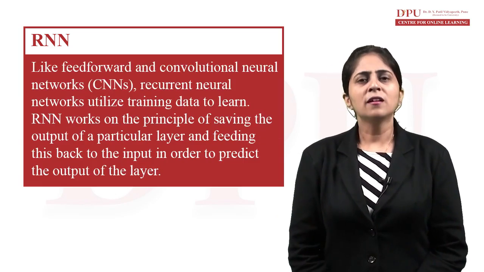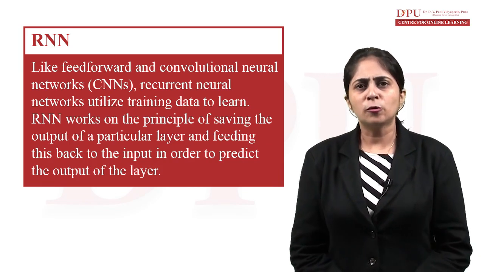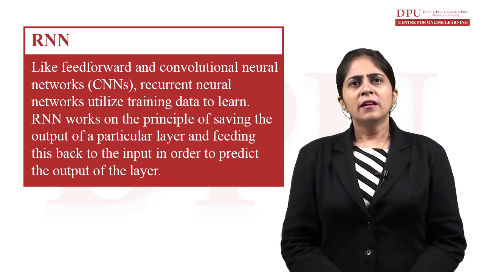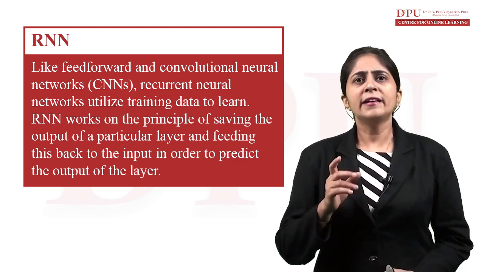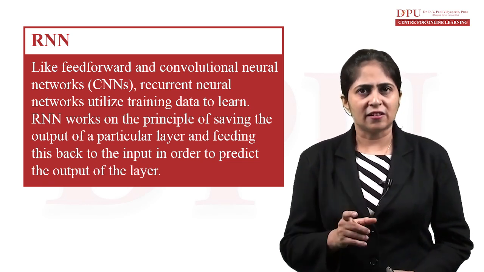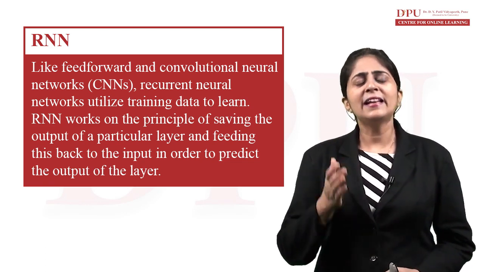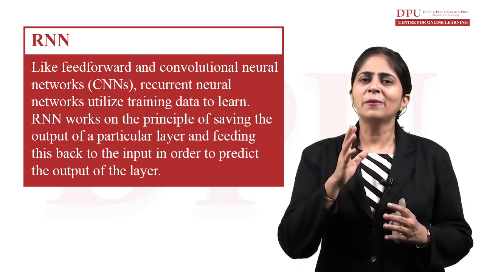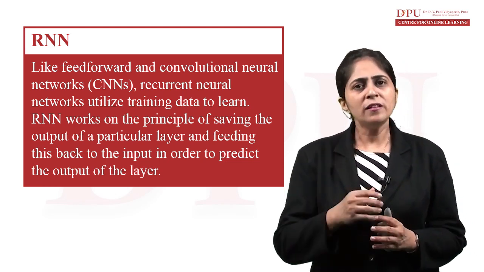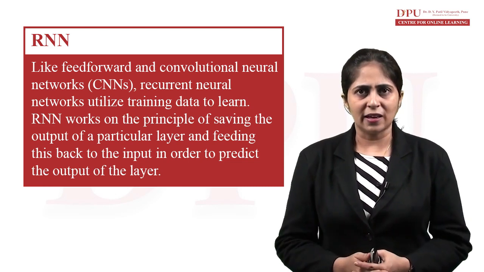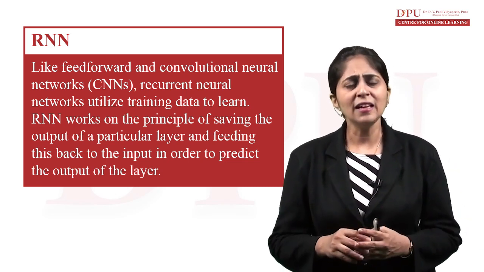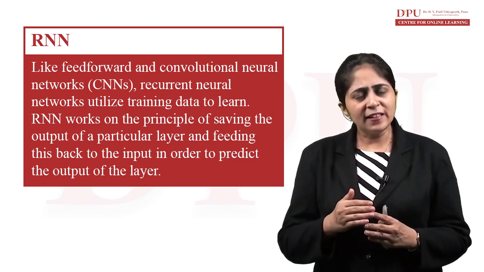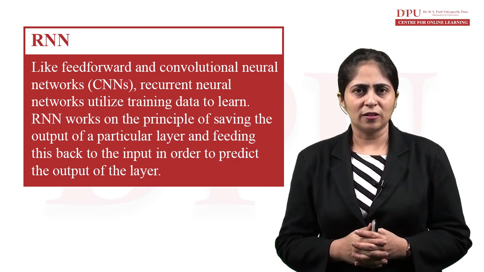Like feed-forward and the convolutional neural network that we have studied in the previous units, a recurrent neural network utilizes the training data to learn. So, basically, it works on the principle of saving the output and feeding this back to the input.